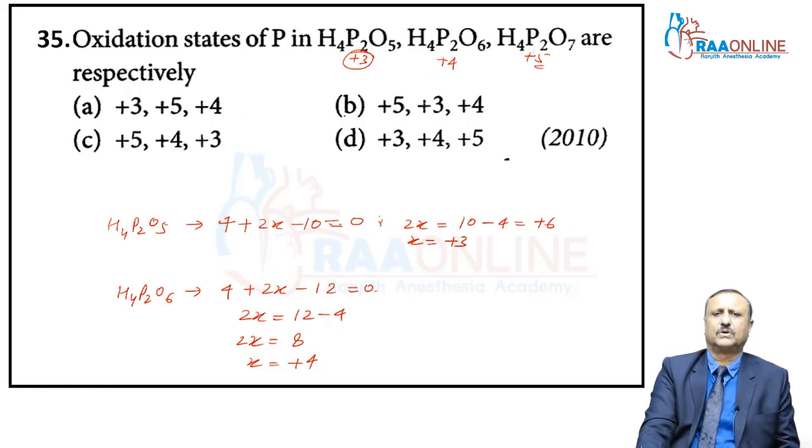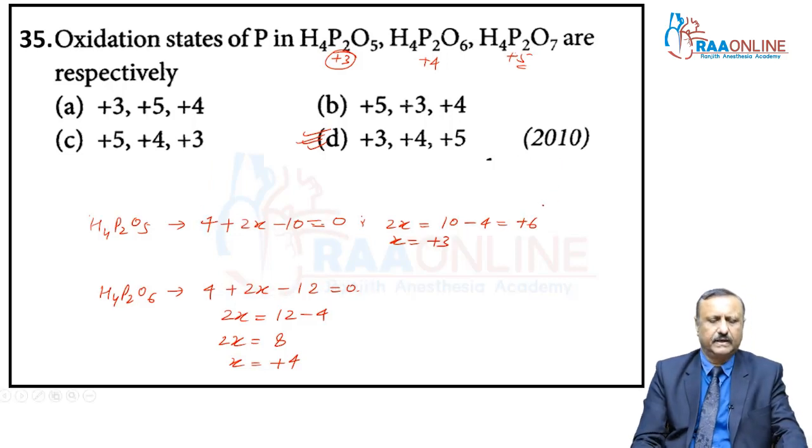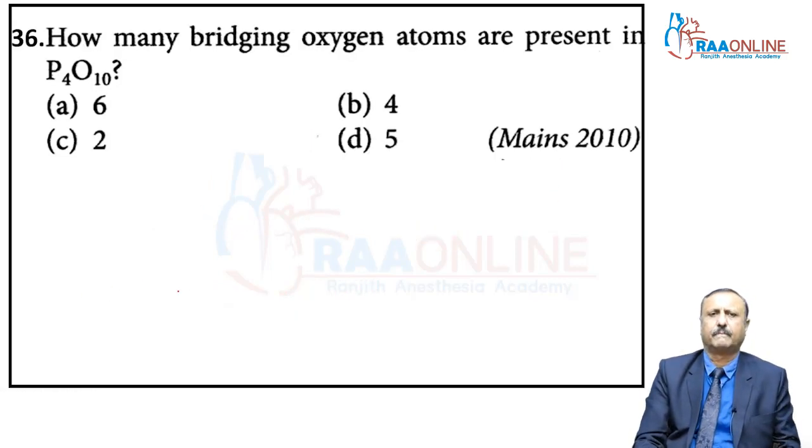So your answer for 35 is D, the correct answer, because we can determine the oxidation state by these methods. Here I give you these methods and you can easily calculate it. So question number 35 answer is D, and this question also came in NEET 2010.